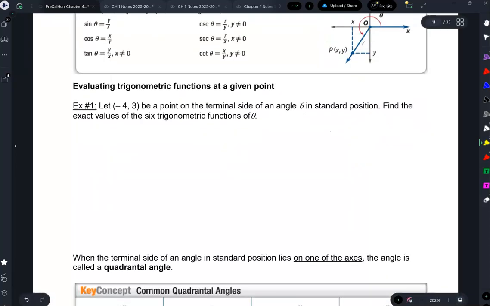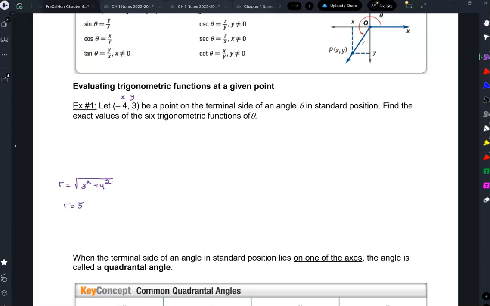So let's just do this here. Take a look here. Negative 4 comma 3 is a point on the terminal side of an angle in standard position. Find the values of the 6 trig functions. So immediately I say this is x and this is y. What I need is r. R is the square root of 3 squared plus 4 squared. So r is 5. So immediately that's what you have to do.